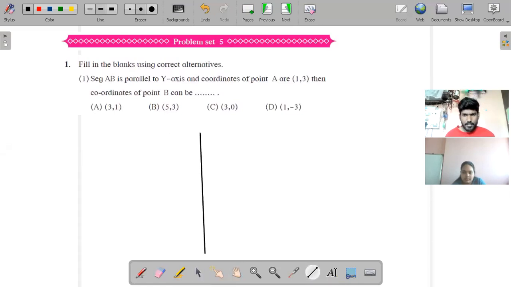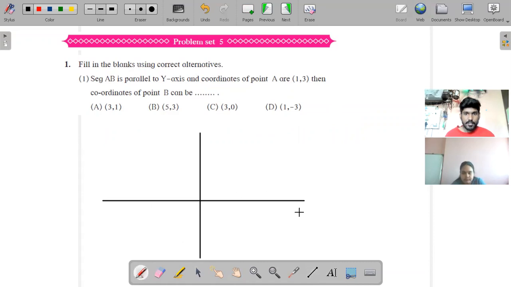Okay, let's try to draw the graph and understand it more clearly. So this is the x-axis and this is the y-axis. First, you tell me where will point 1, 3 come. Suppose this is 1 and this is 3. So will this be point 1, 3?